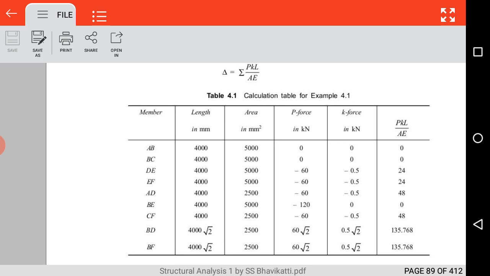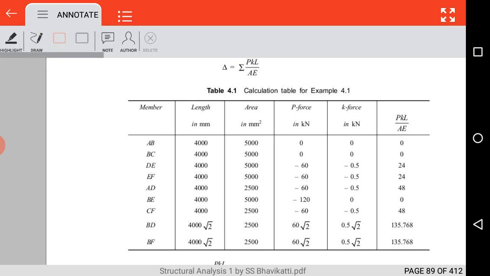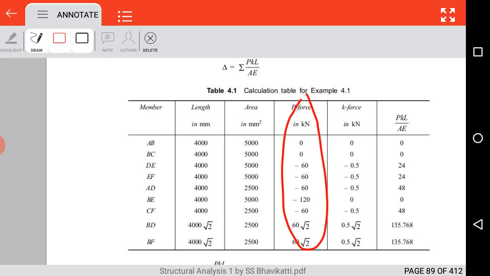Our equation for the deflection of the truss is given as delta equals summation of PKL by AE. Here we are required to calculate the products, that is P into K into L divided by AE, and the values are noted over here. This column gives the values of the P force due to the external force. This gives the force values due to the application of the unit load.